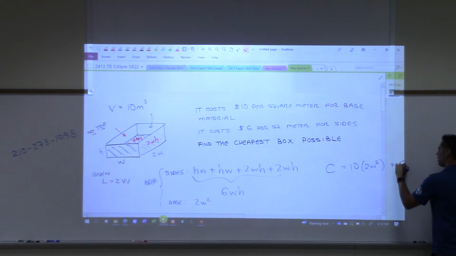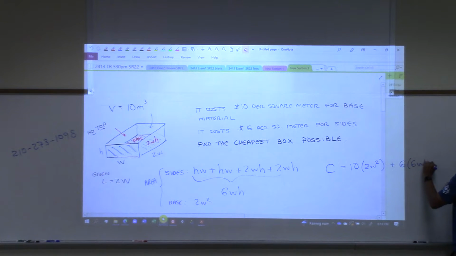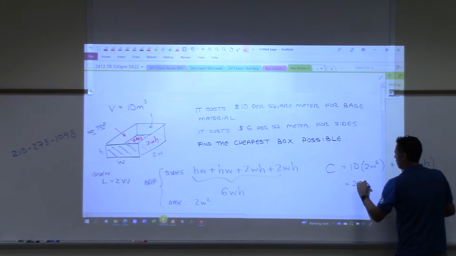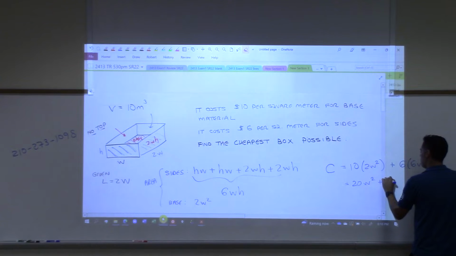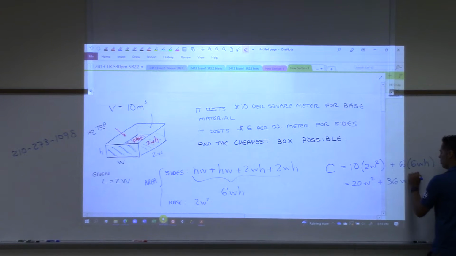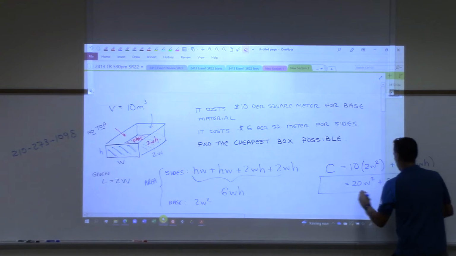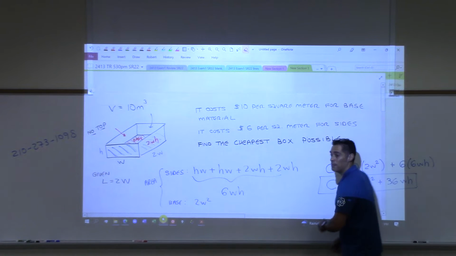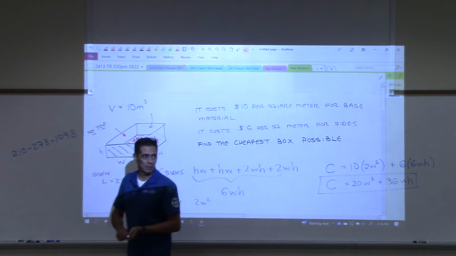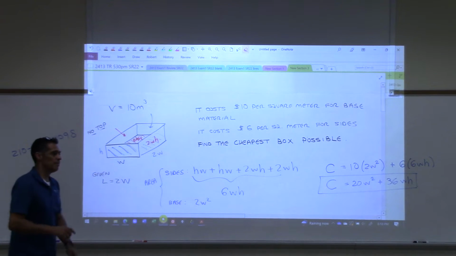So 6 times 6WH, or HW. And this gives you 20W squared plus 36WH. And this is your cost objective equation. Make sense?